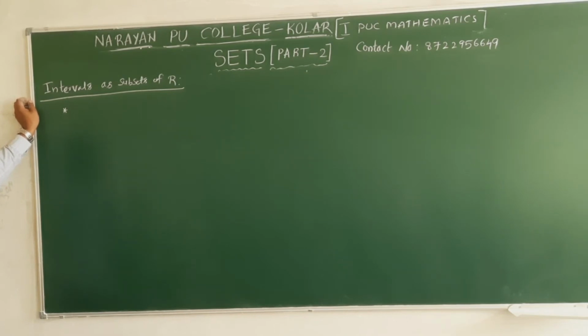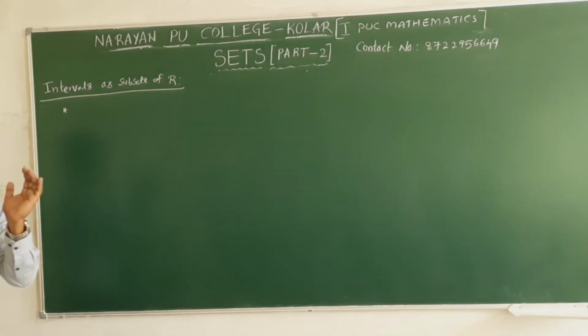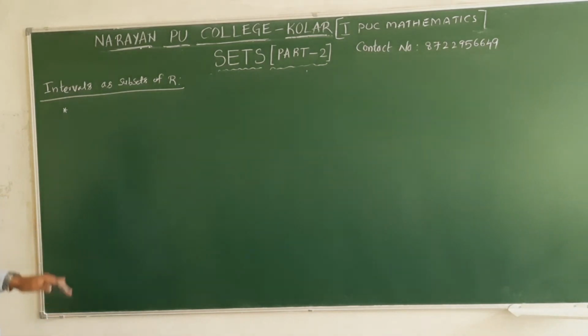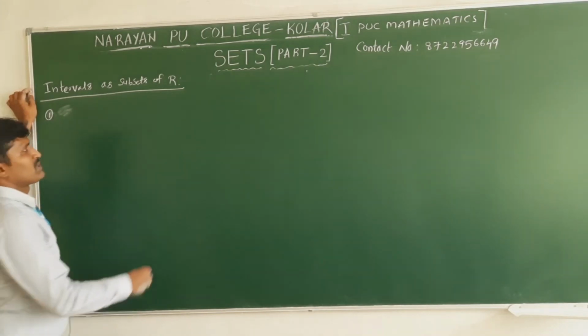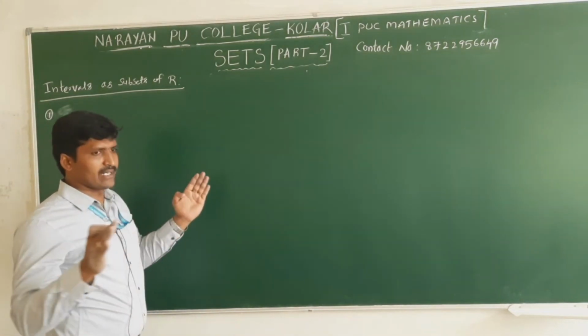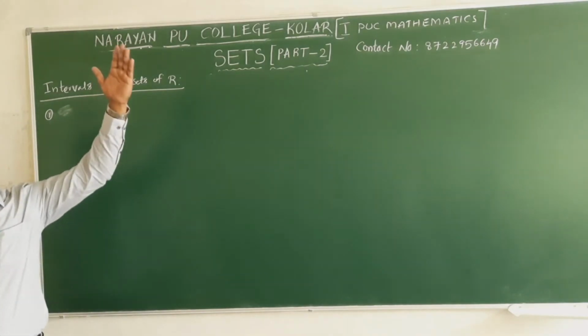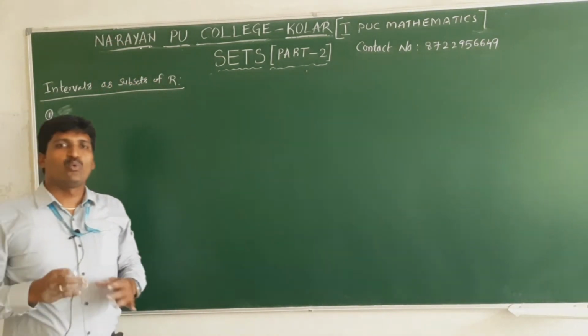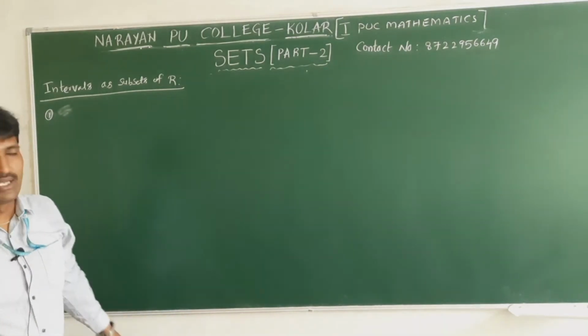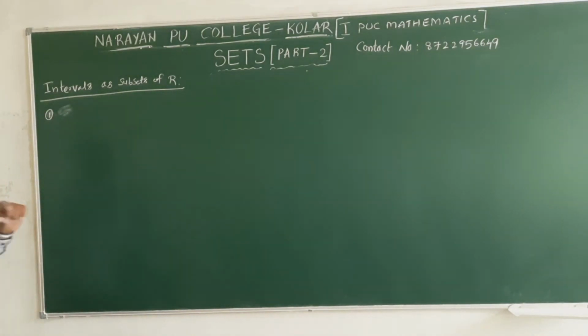When you take an open bracket, the extreme values, meaning endpoints, are not included. Now I will take different intervals here. Real numbers basically form a real line, from minus infinity to plus infinity. In the real numbers we take different intervals. How to represent the intervals on the number line.